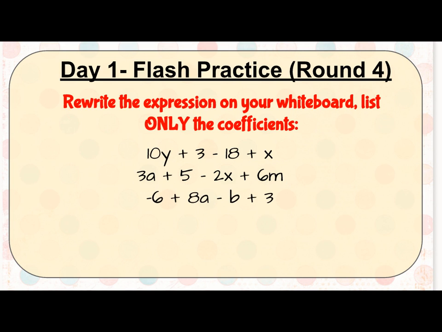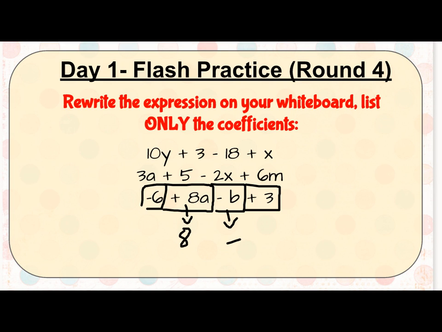Okay, we looked at this example and said, okay, box them up. I see 2 variables here, so I have to have 2 coefficients. Got an 8 and a -1. That's really a -1.